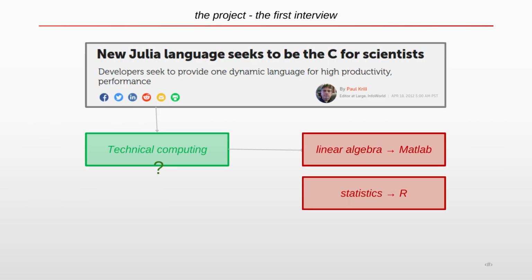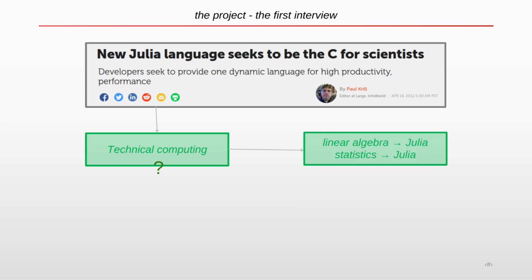The first idea in creating Julia was to develop a language good for technical programming, because there are languages good for linear algebra, like MATLAB, and others good for statistics. The Alan Edelman Group thought, what if we joined everything in a single language? And they made it.